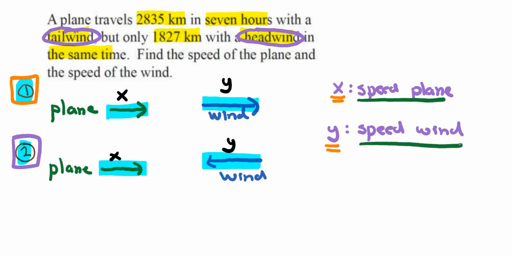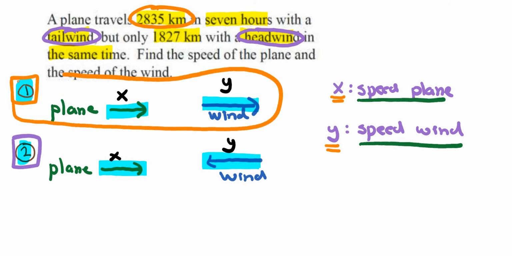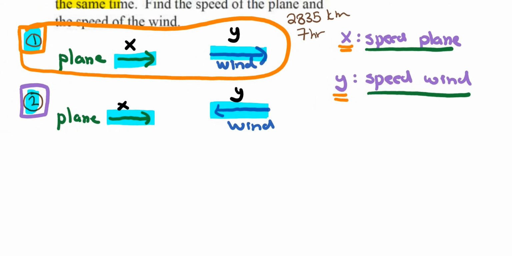In scenario number 1, if I get out an orange marker here, I'm talking about this case right here. Basically in this problem, if I label it correctly, we are traveling a total distance of 2,835 kilometers for the plane, and we finish this in 7 hours. Okay, so using scenario number 1, let me set the equation first. X and y represent the speeds, right?